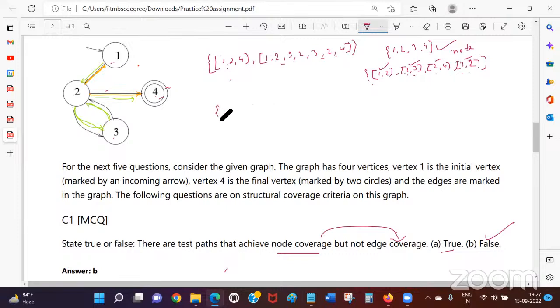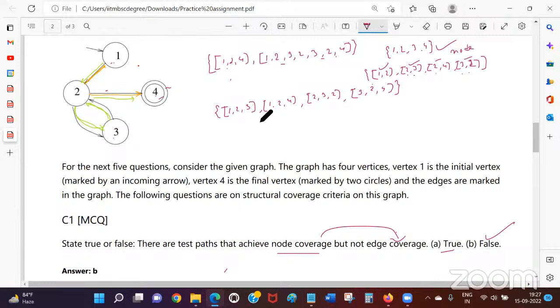Edge pair coverage. Let us write down what edge pairs we have: 1, 2, 3 and 1, 2, 4. With 2, we have 2, 3, 2, which is a simple path, and I cannot have any more. Then we can have 3, 2, 4. I think that's all.